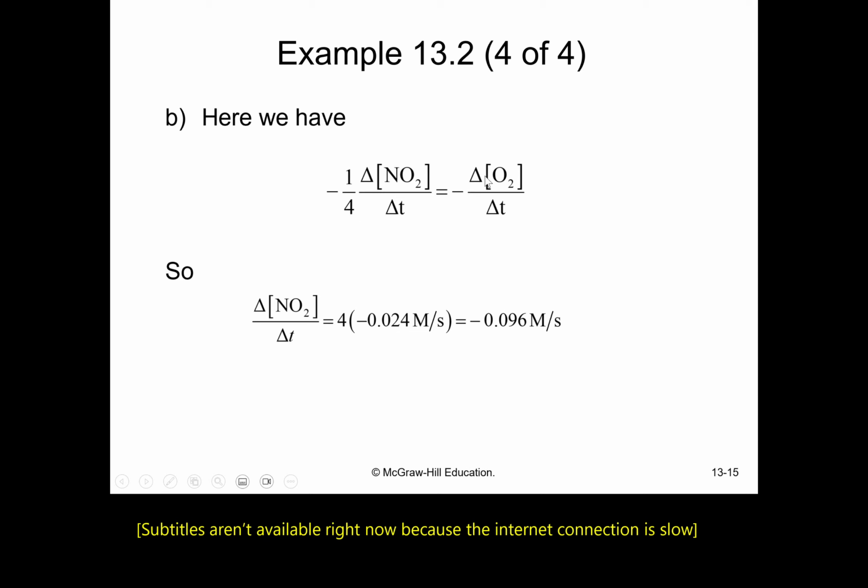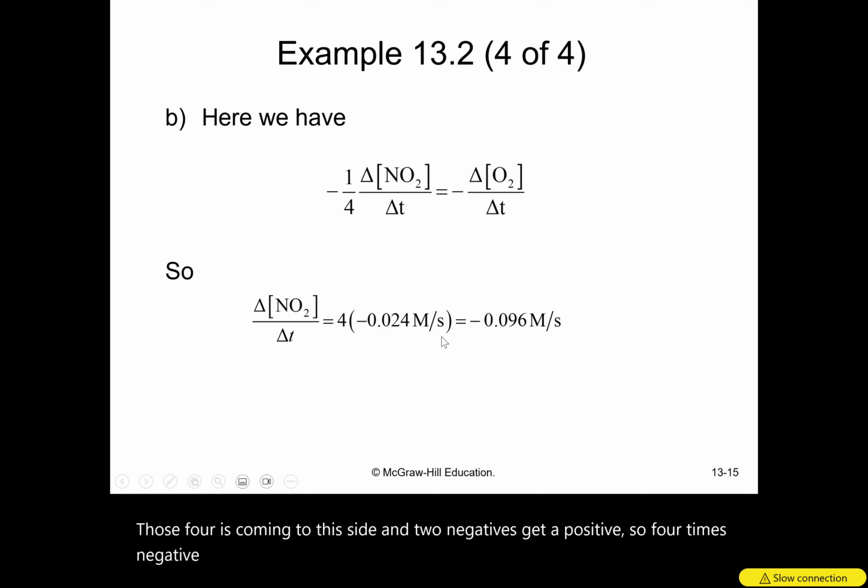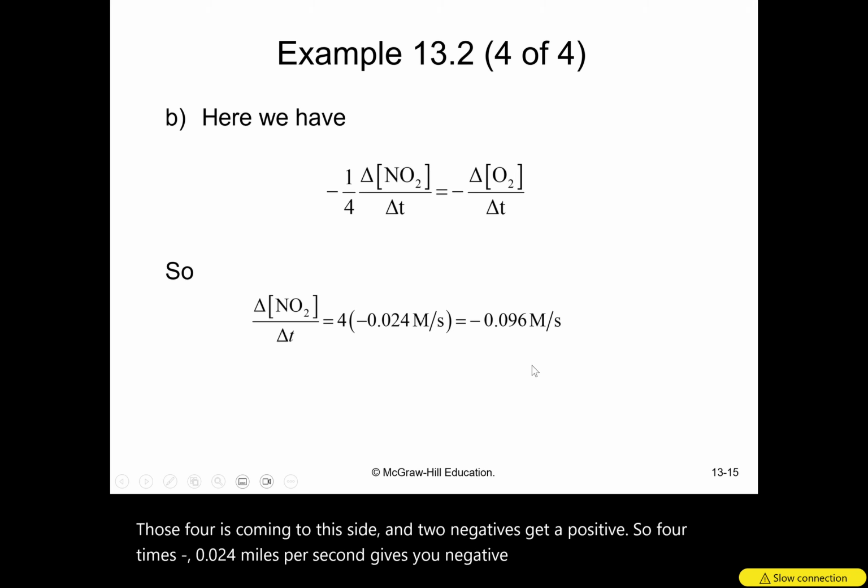This 4 is coming to this side, and 2 negatives get a positive. So 4 times negative 0.024 moles per second gives you negative 0.096 moles per second.